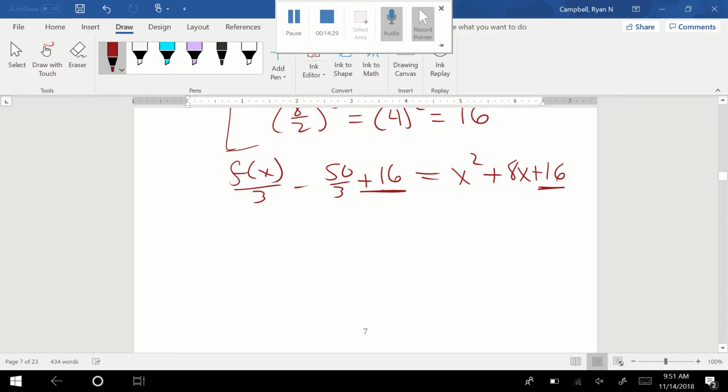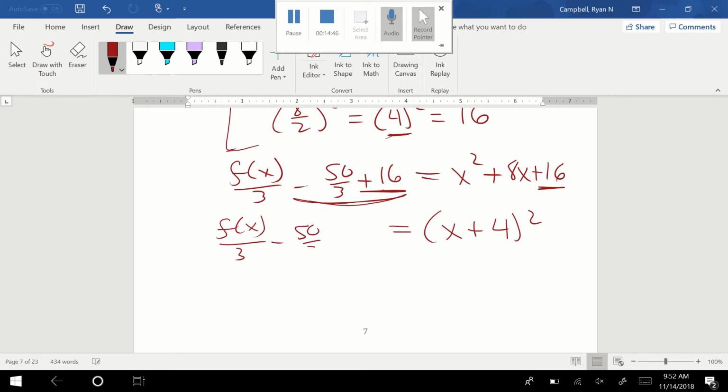So on the right side, we're going to have x plus 4 squared. Remember, that's where we get the b over 2. And then again, you can combine these now, but what I typically do is wait until after we multiply by 3. Makes things a little easier on us. We don't typically have to use fractions.